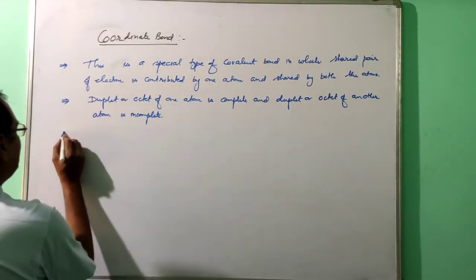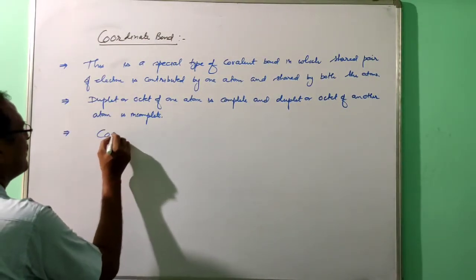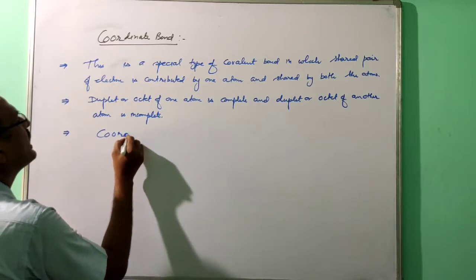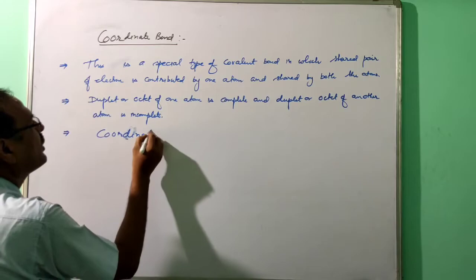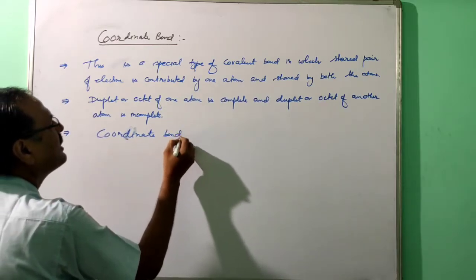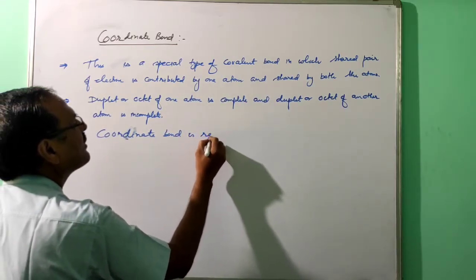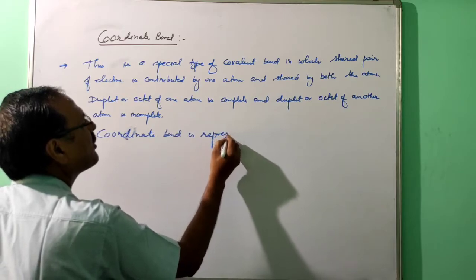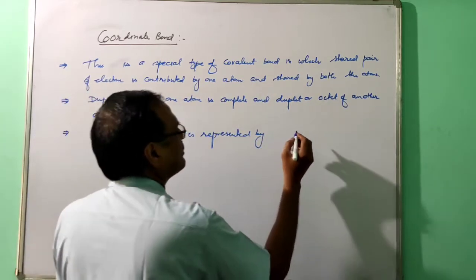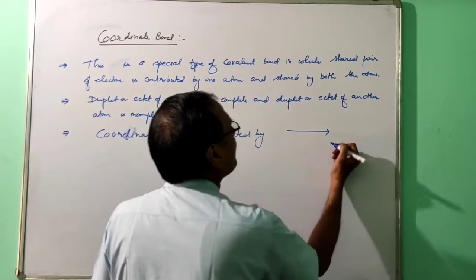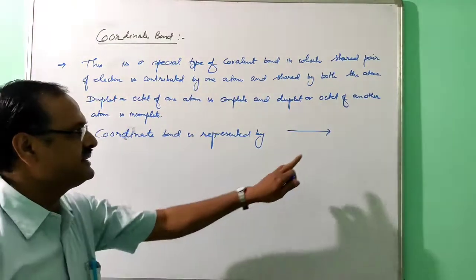And the coordinate bond is represented by this arrow. This is the head.